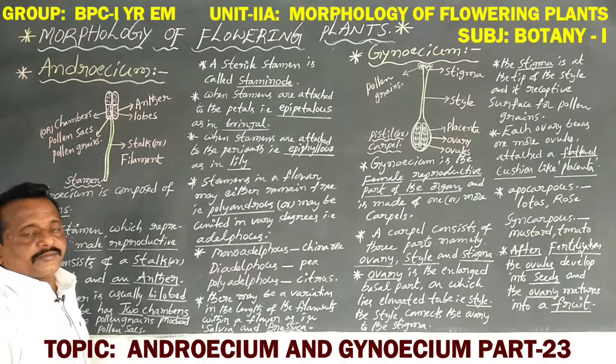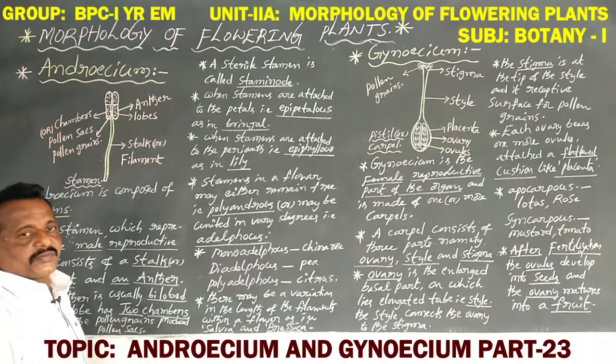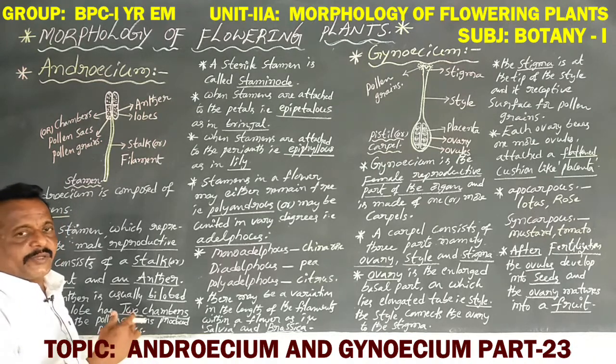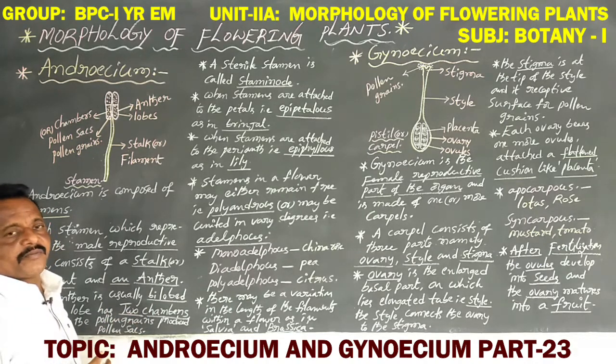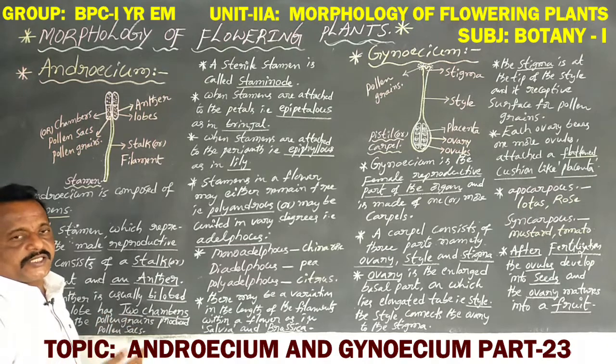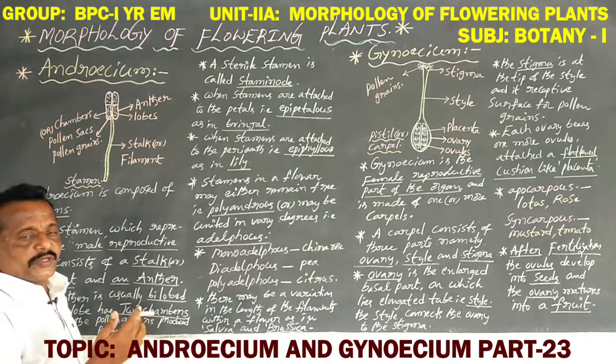Most of the angiospermic plants or flowers are bilobed. 99% of angiospermic flowers are bilobed, except for 1%, the flowers belonging to the Malvaceae family.